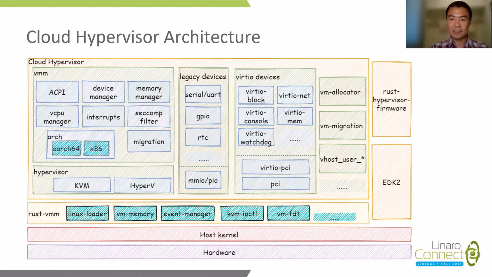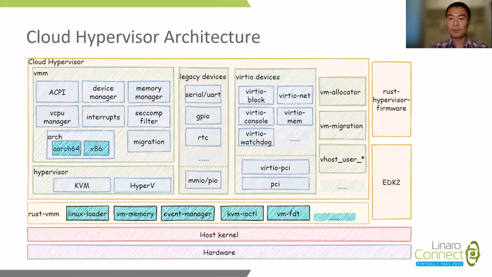Here we have the source code for ACPI, device management, memory and vCPU management, interrupts, and the code for both architectures, and so on. For devices, a small number of legacy devices are emulated in Cloud Hypervisor, like Serial, GPIO, etc. For para-virtualized devices, so far Cloud Hypervisor has supported most popular VirtIO devices.